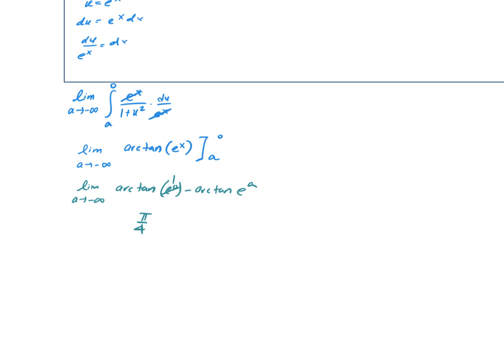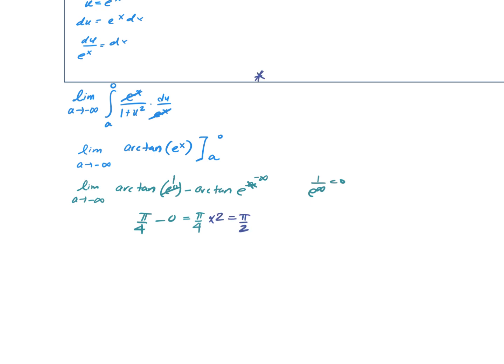If I plug in negative infinity, this becomes arctan of 0 because it's 1 over e to the infinity. So arctan of 0 is 0, which gives me pi over 4. Remember, we're going to double it, so times 2, and you get pi over 2.